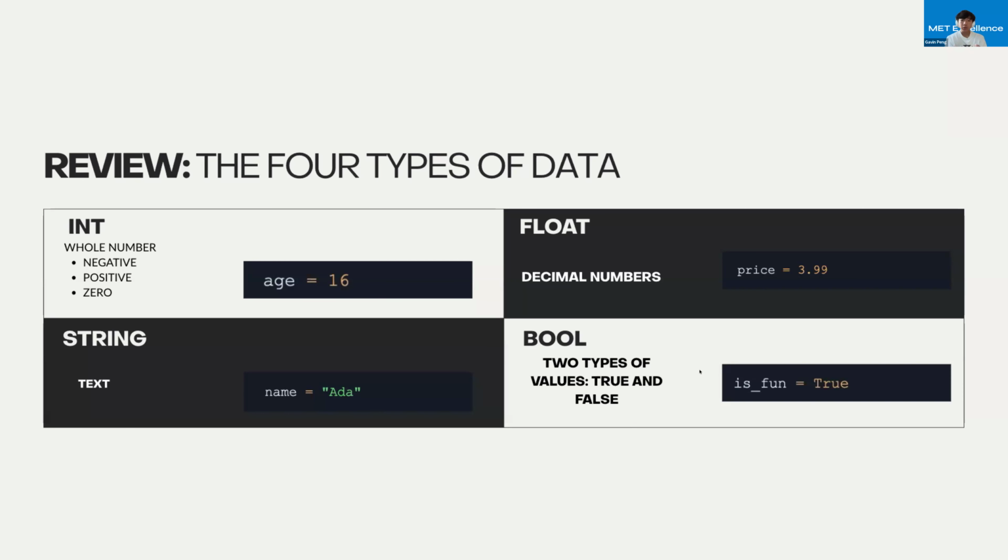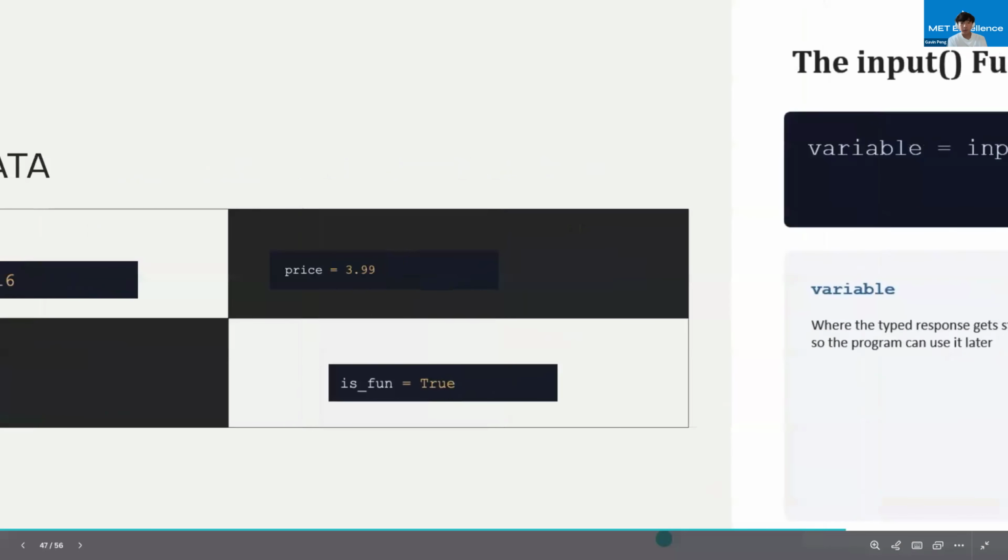We use Booleans constantly in decision-making code, which we'll get to later today. So ints are whole numbers, floats are decimals, strings are quotes, bools are True and False. Think of it as a light switch. If you have any questions, make sure to put them in chat. Okay, let's move on.